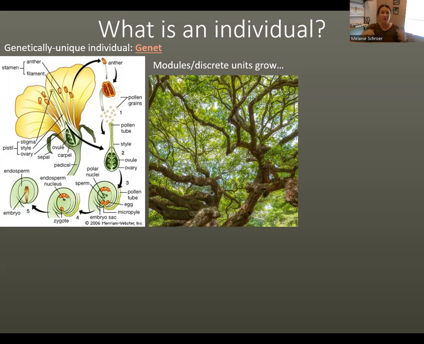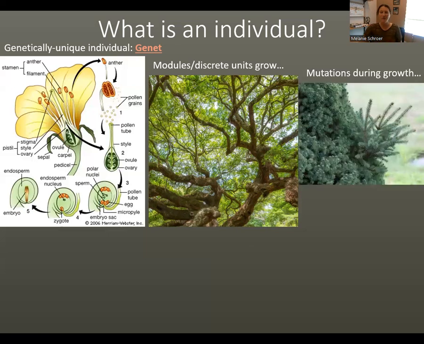The organism grows a series of modules, so branches and leaves, depending on environmental conditions, less so based on genetics. We can still look at this tree and say, okay, that is one individual, even though it has so many different discrete units as part of it.